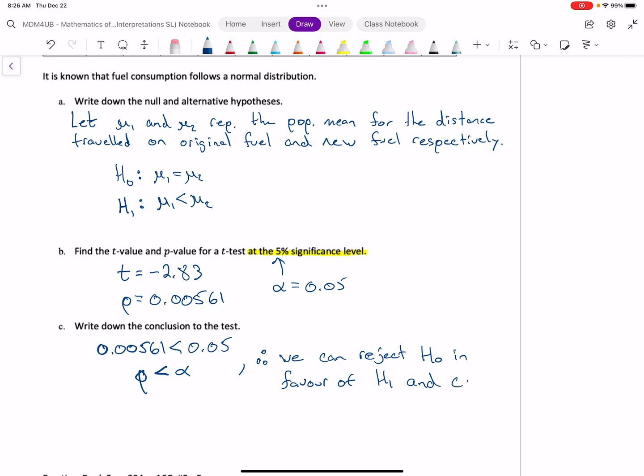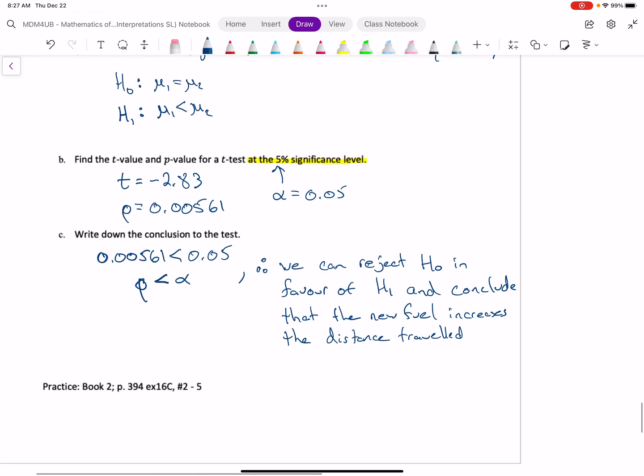And so then, we conclude in this scenario that the new fuel increases the distance traveled for the scooters. And this really supports the company's claim. So the company's claim is correct.